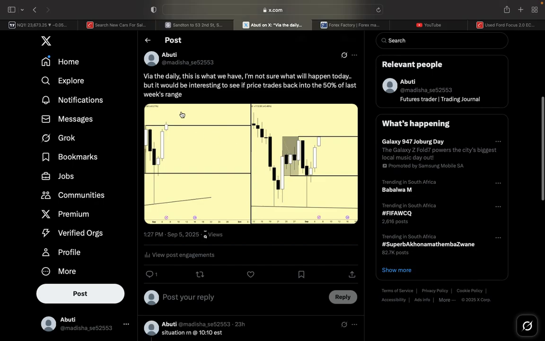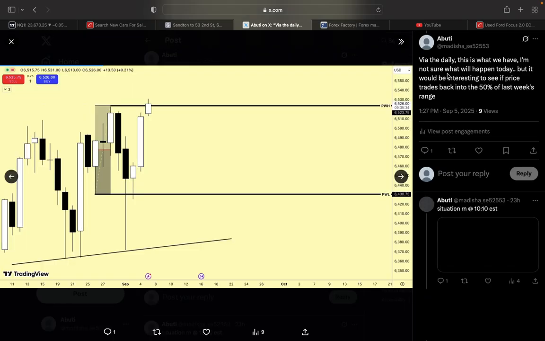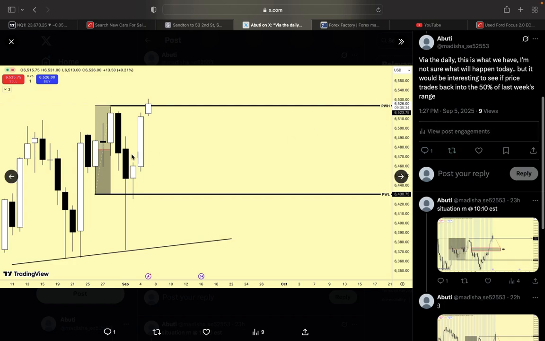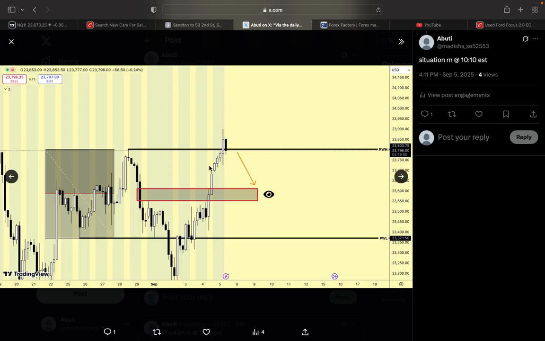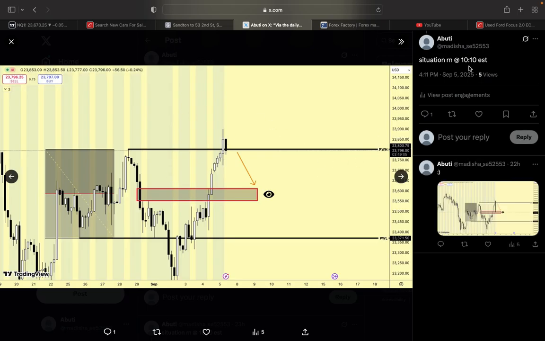So you can see just before NQ struck it, that was the situation. Then on the daily time frame, you could see what I was saying. I was interested in seeing it come back here. This is ES. That's NQ, right? As it was shooting up, and then it fell back down. I wanted to see it come to that level there, and this was before the news. You could see that struck it. This is at 10:10.